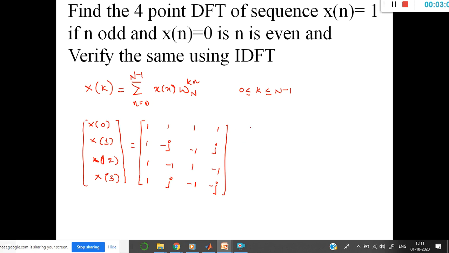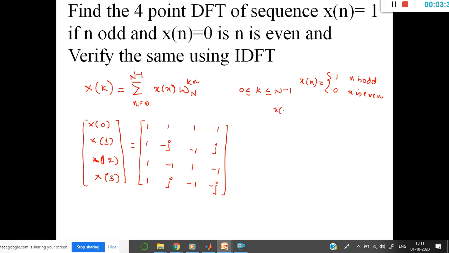Now I am supposed to write the input sequence, but here the input sequence is given in a different way, where the value of x of n is equal to 1 if n is odd, and the value of x of n is equal to 0 if n is even. Wherever the even sequences are there, you just put 0.